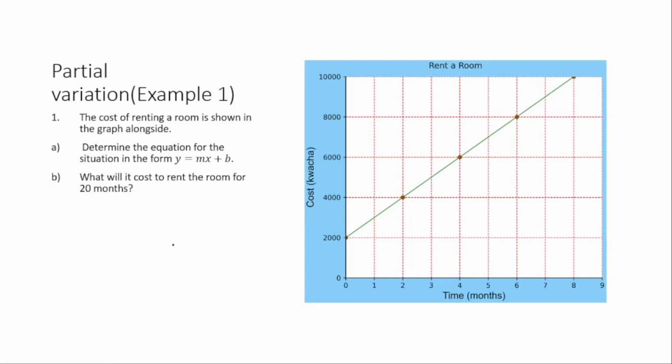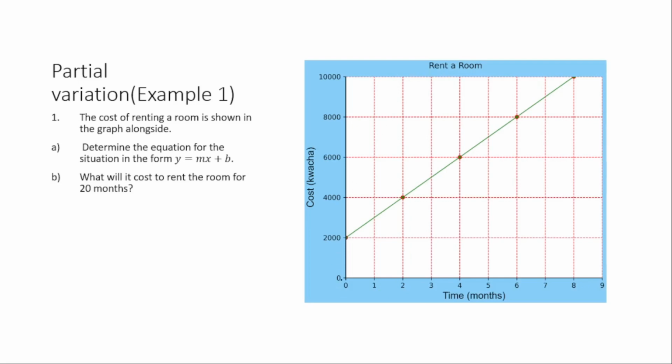In this example, we have been given a graph alongside, and in this graph, we are talking about a relationship between cost and time. We are renting a room.